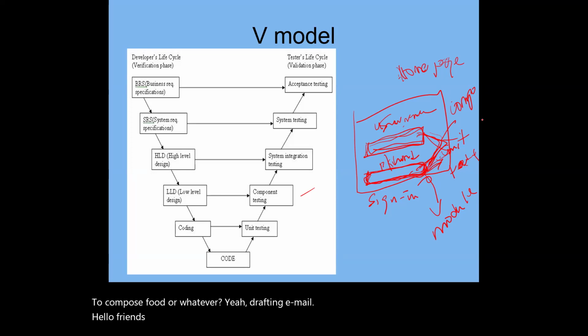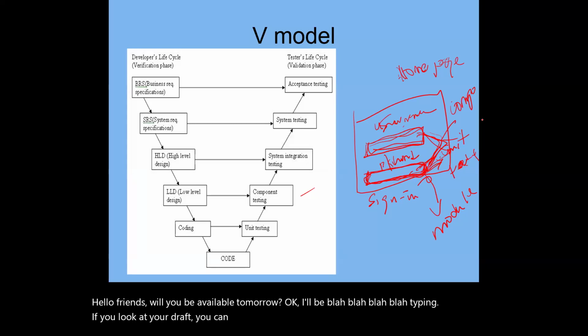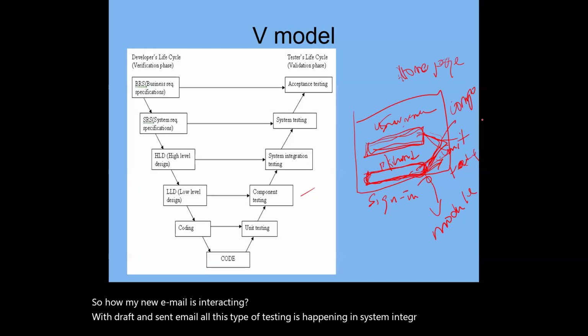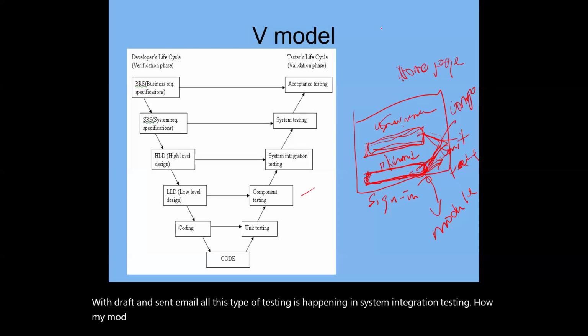Will you be available tomorrow? You can see one mail about to be sent, right? From draft, it goes to the sent box. So how my new email is interacting with draft and sent email, all this type of testing happens in system integration testing. How different modules interact.